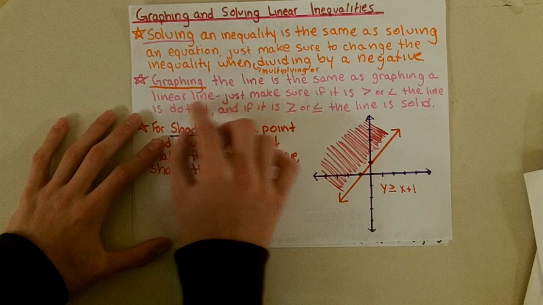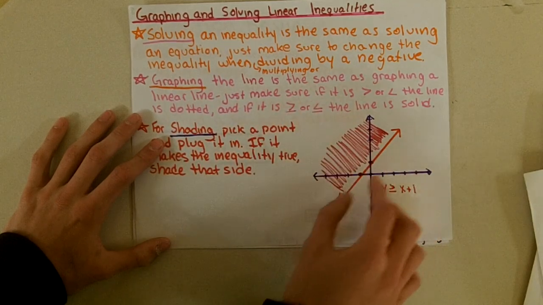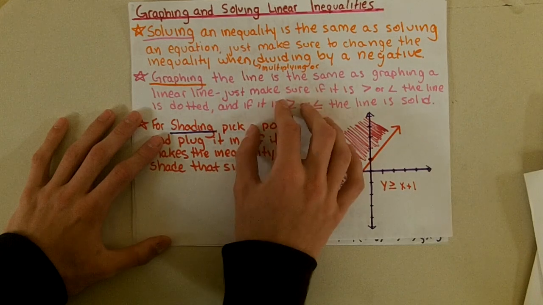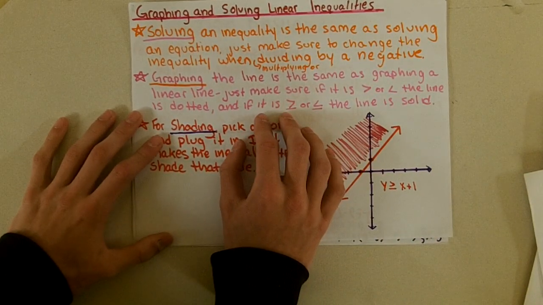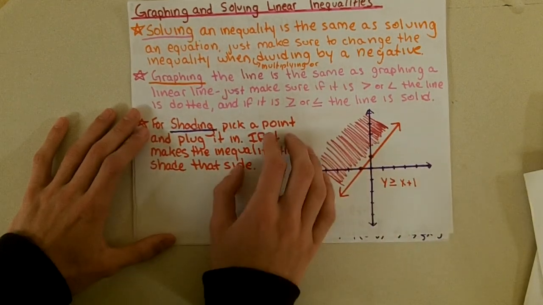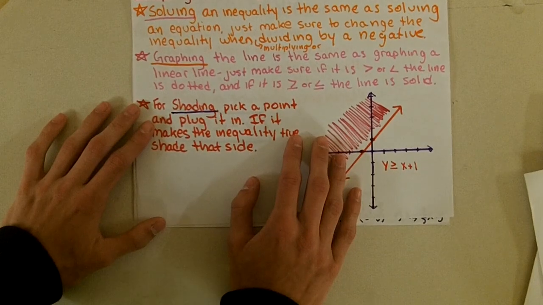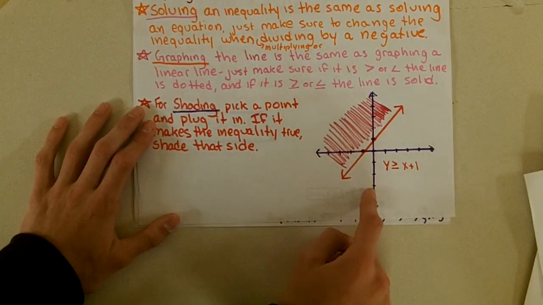For graphing, you also want to do pretty much the same thing. The line is the exact same, except that when it's greater than or less than, it's dotted, and when it is greater than or equal to, or less than or equal to, it's solid, like this. When you graph an inequality, you also have to shade either the top or the bottom.